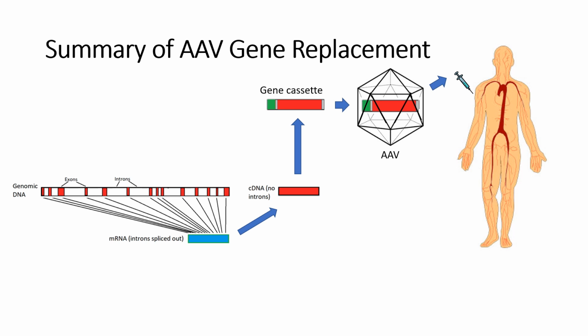And the AAVs will put the gene into a variety of cells, not just the target cell type. If you're trying to do gene therapy for a muscle disease, it won't only go to the muscle cells, but because the promoter only turns the gene on in the muscle cells, that's not really a problem.